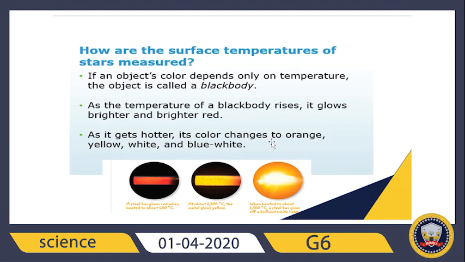So the color of any object, especially black bodies, or objects whose colors depend on temperature, will vary according to the temperature of these objects. When you start to heat this object, the color will start from red, and as you increase the temperature, the color will change into orange, then yellow, then white, until it reaches the blue color, which indicates that this object reached a very, very high temperature.